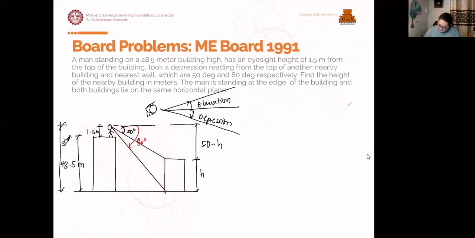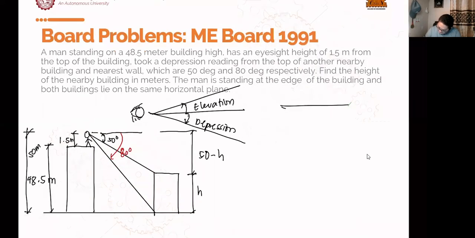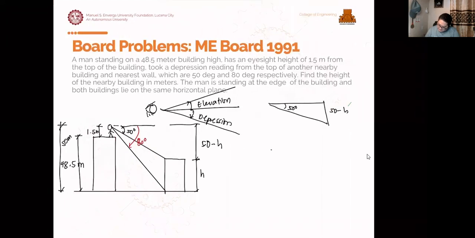So, again, ito yung pwede nating ma-form na triangle. Okay? So, meron tayong isa na ang value niya 50 degrees, 50 minus h, no? And yung isa 80 tapos to ay h. Okay?